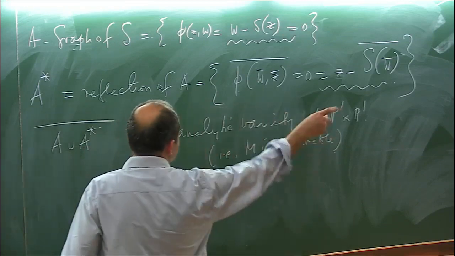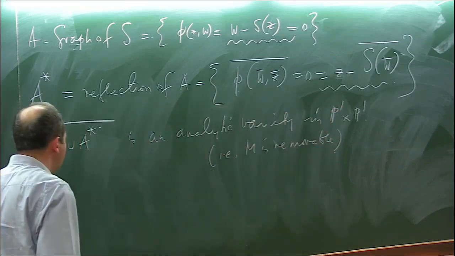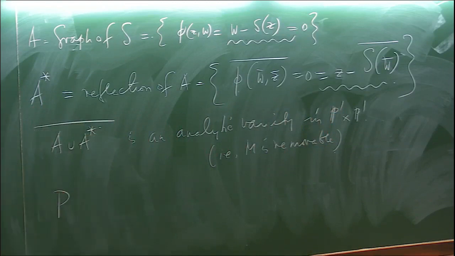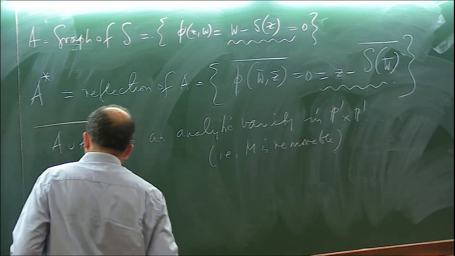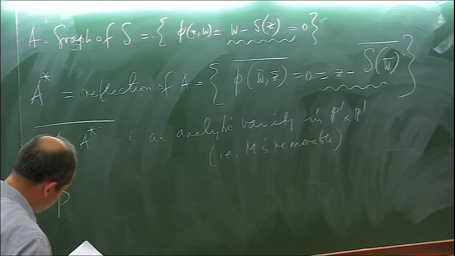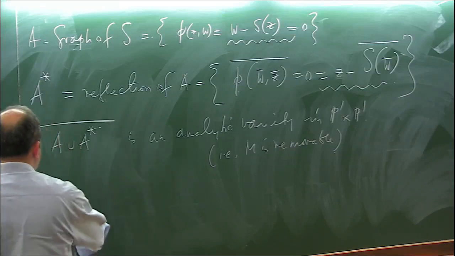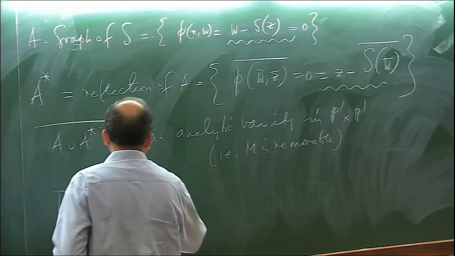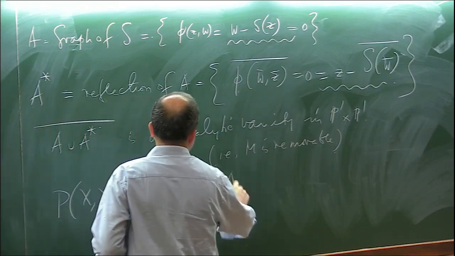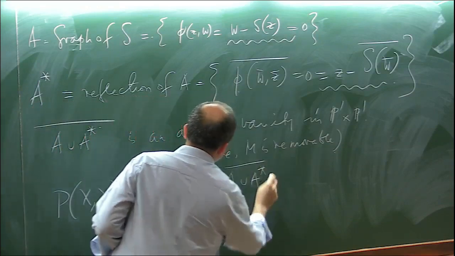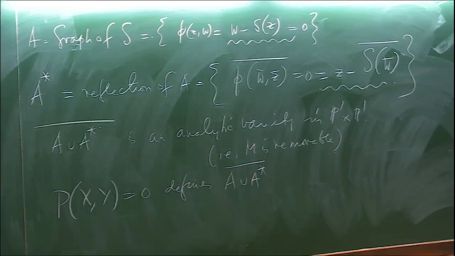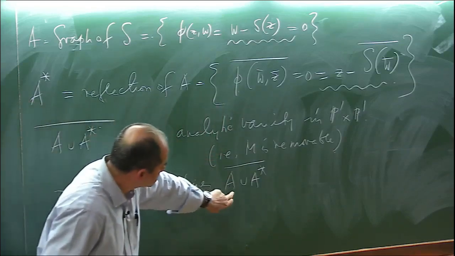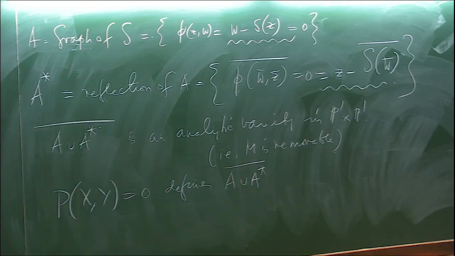Okay, so following that line of argument, let P be the defining equation for this, again in affine coordinates and so on. P of (x, y) defines the closure of A union A star. And because this is invariant under this reflection, T inverse tau, the polynomial P must also be invariant under the same real structure.